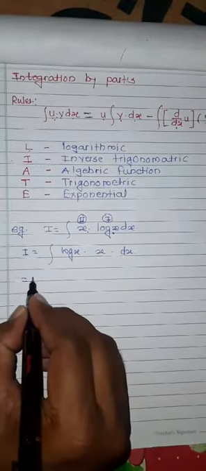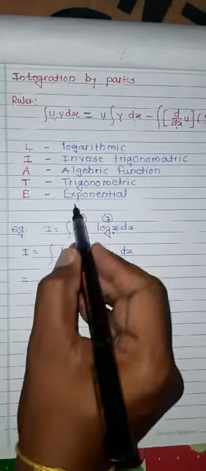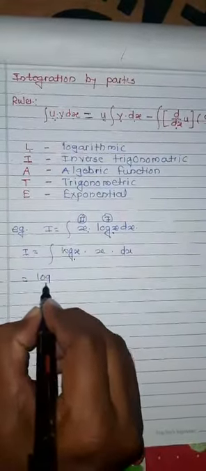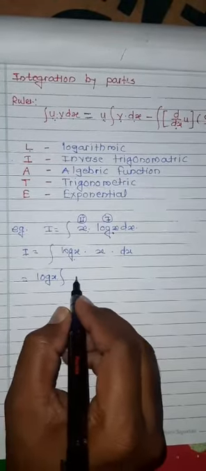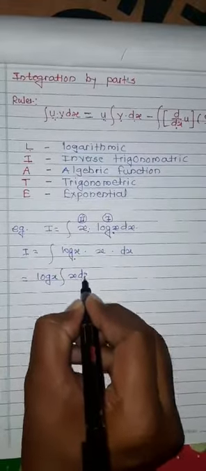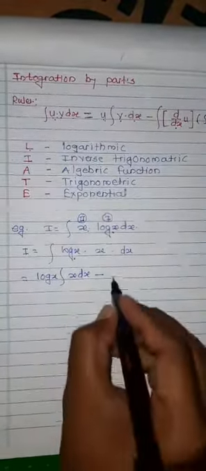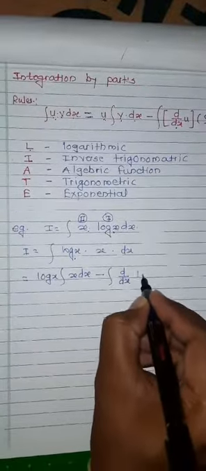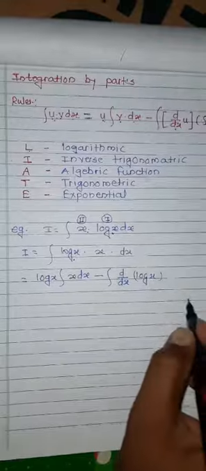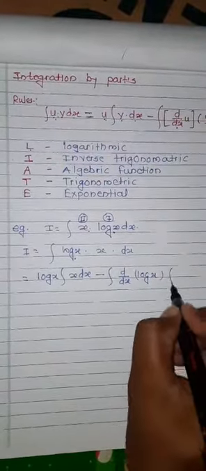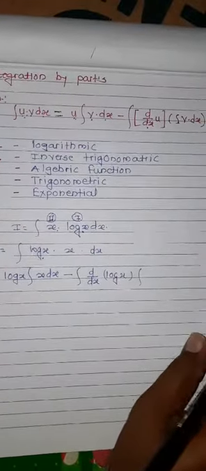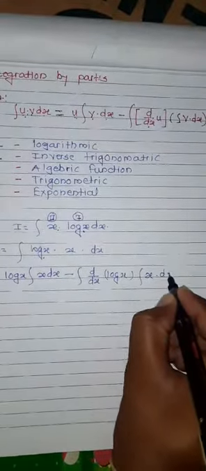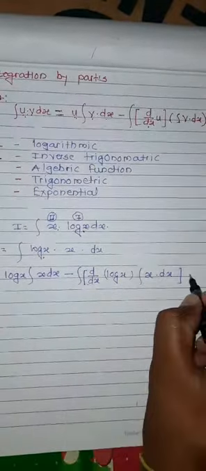The above rule states that the integration, using the LIATE rule, is the first function as it is, u, meaning log of x, times the integration of the second function, x dx, minus the integration of the derivative of the first function, log of x, multiplied by the integration of x, the second function, into dx.